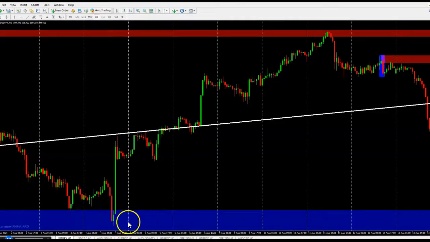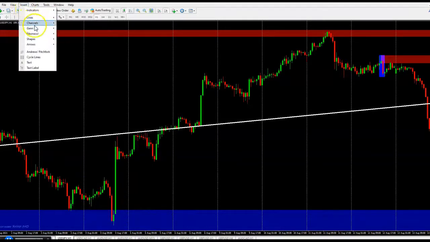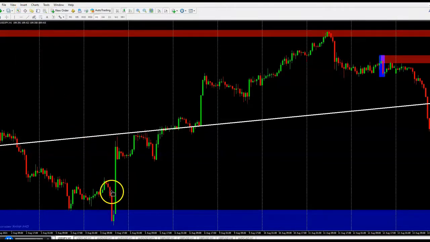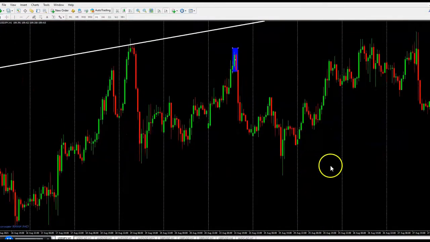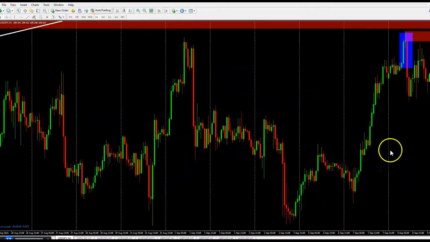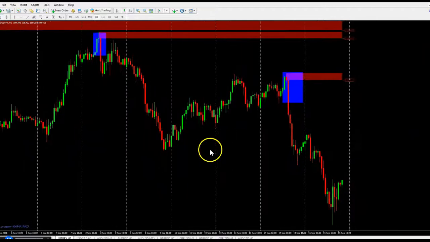This is your demand zone. Yep. Don't overcomplicate it. You'll be fine.